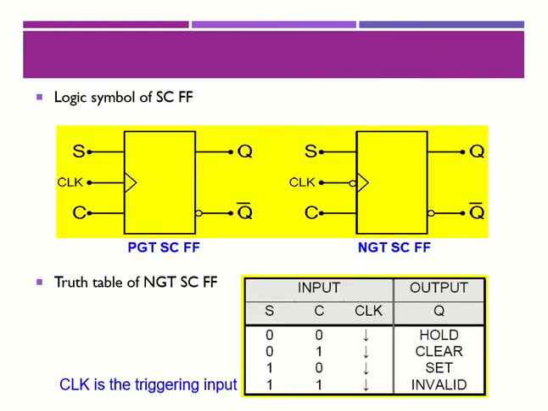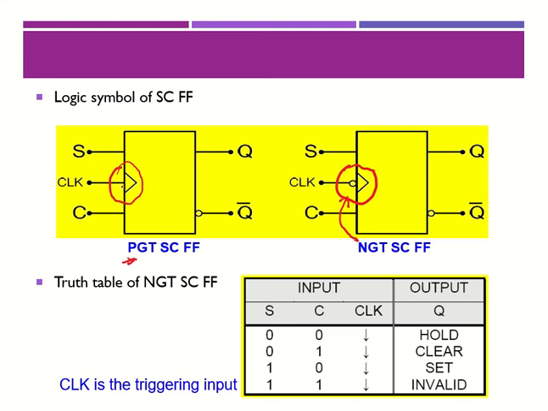So this is how it looks in the diagram. You have the positive edge response SC flip-flop. You have the S, the C, and the clock. Usually the clock is written like this. To know whether it's positive, you have to see the bubble. When it is negative, usually you will have a bubble over here.